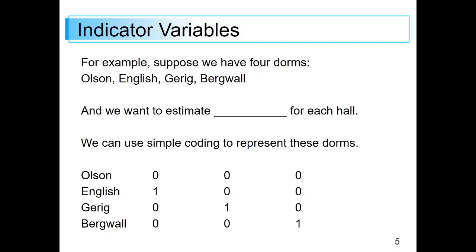Anyway, back to our idea. Basically, we can use simple coding to represent these dorms. For Olson, I'm going to give Olson the reference coding of 0, 0, 0, English as 1, 0, 0, Gerig as 0, 1, 0, and Bergwall as 0, 0, 1. Notice that I have at most one 1 in each column and at most one 1 in each row.